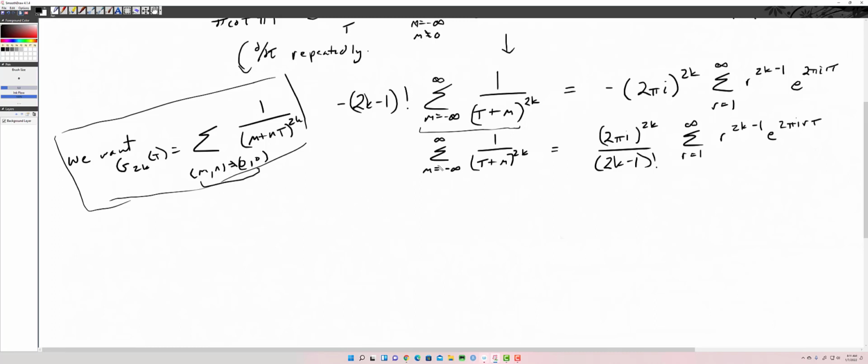Right now I have one series of m. So what I'm going to do is take the essence of this and scoot it over, replacing tau with n tau. Okay? So here we go. I'm going to write this out and then come back.